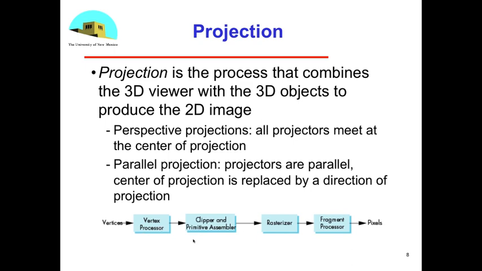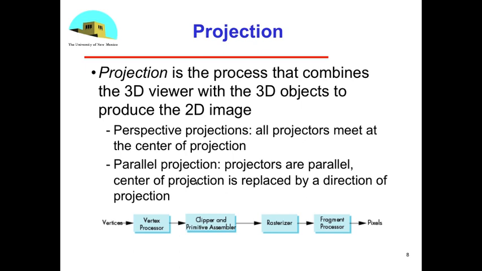Now, the next step is the projection. That's the process we saw when we looked at our model of imaging for a human viewer or camera. There was this projection process that started with these three-dimensional objects, and then we had a viewer or a camera. We drew that bellows camera that exists in 3D, and then we produced, by tracing these projectors, a two-dimensional image. Whether it was a parallel projection or a perspective projection, that's in a way conceptually simpler because it goes right through a center of projection.